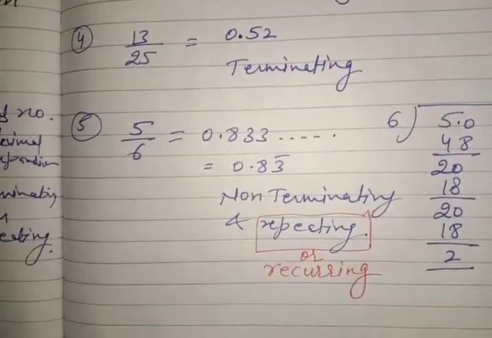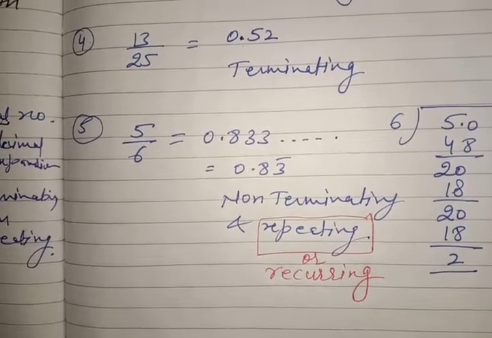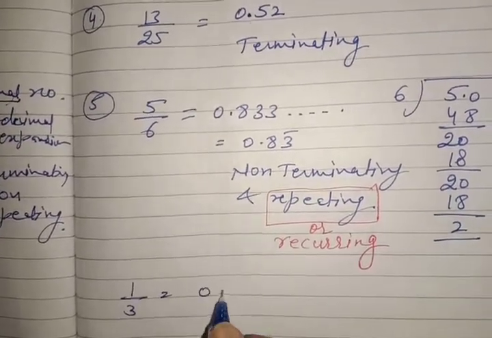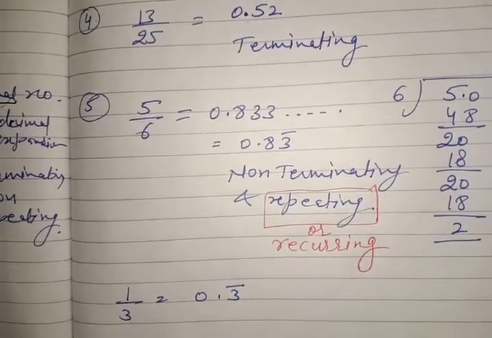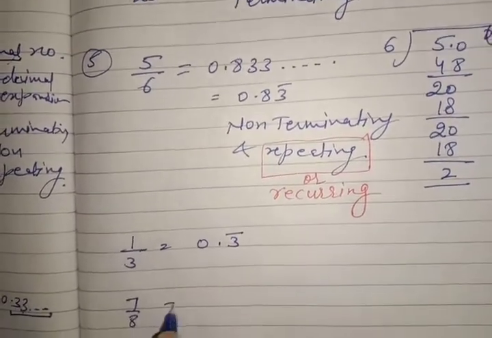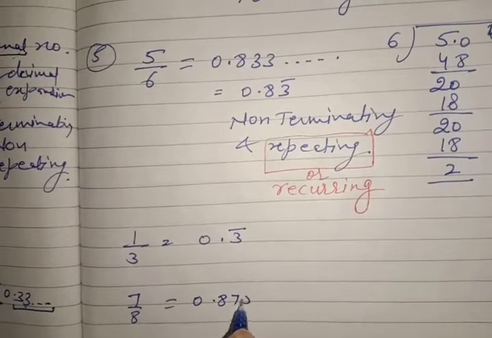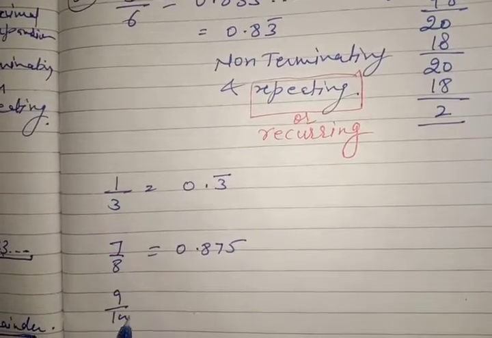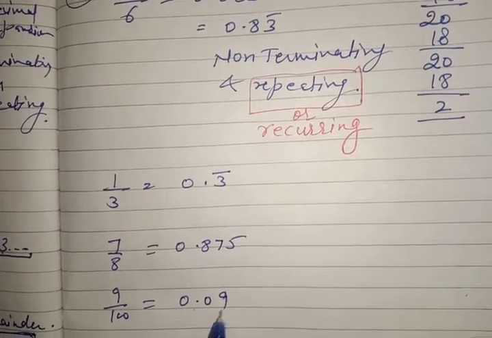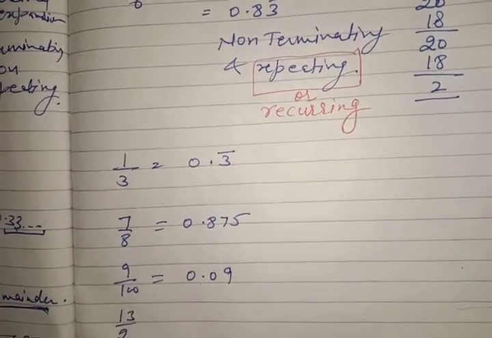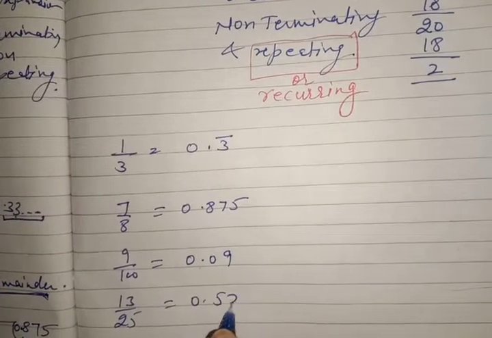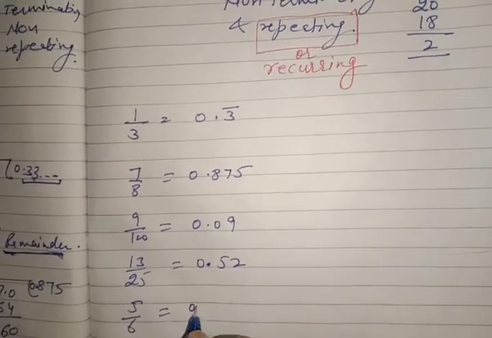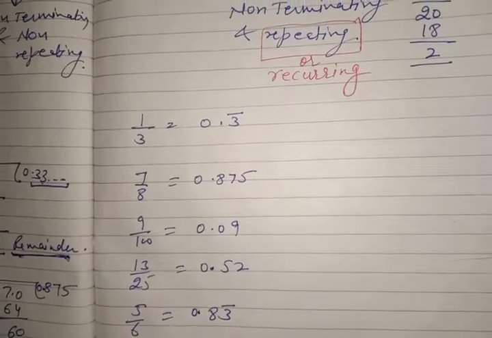Now we observe a pattern here. We have taken 1/3. We have taken 7/8, which is 0.875, and we have taken 9/100, which is 0.09, 13/25, which is 0.52, and last is 5/6, which is 0.83 bar.